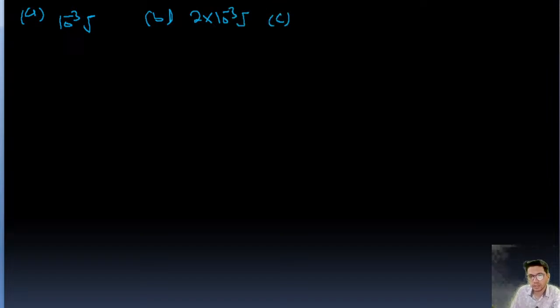Option C is 5 into 10 to the power minus 4 joule. And option D is 47 into 10 to the power minus 2 joule.